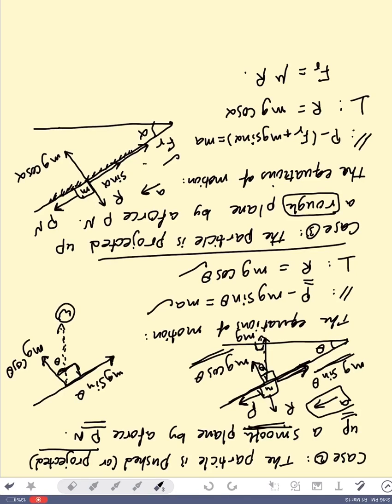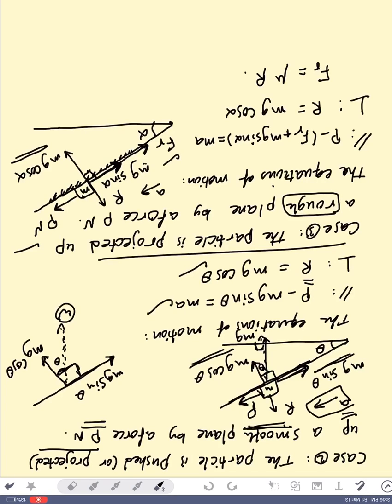So the main force is P newtons minus mg sine theta, which is the opposite component to the weight. And we have here Fr. So we add them, Fr and mg sine alpha, in the same direction.